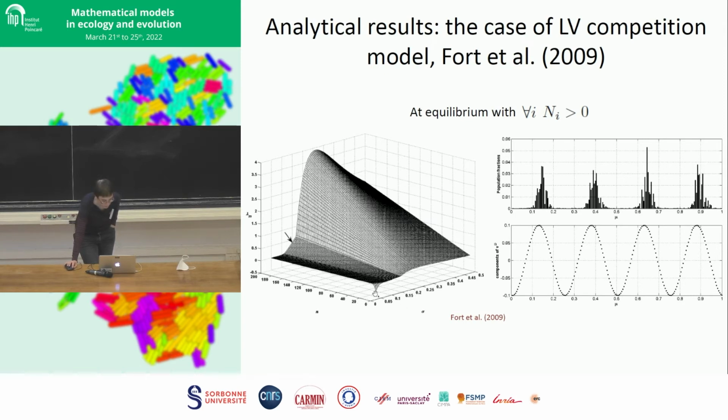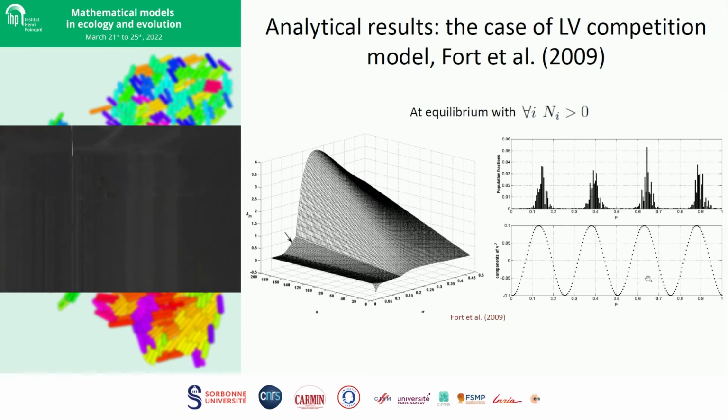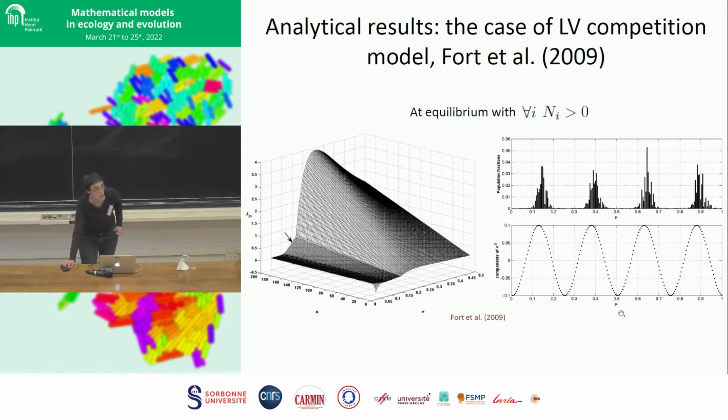And okay, it's not a very beautiful graph, but what you can see is that it's always unstable. It's the equilibrium for which you have all the densities positive, all the species are there. So it's always unstable, but the components of the eigenvector corresponding to the dominant eigenvalue have a particular shape as a function of niche position. You can see that it has this periodic shape here. And in fact, that corresponds exactly to the clusters you get when you do the numerical simulations.